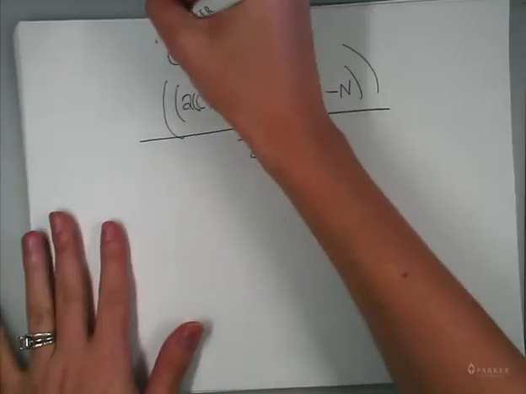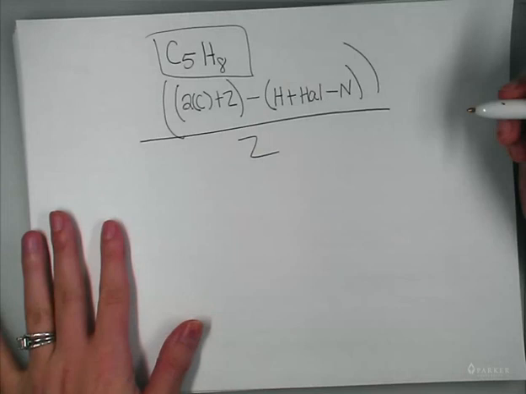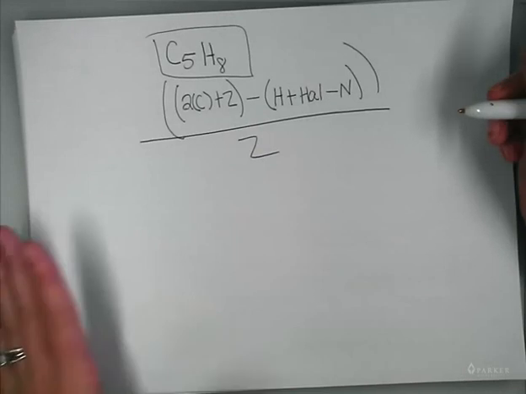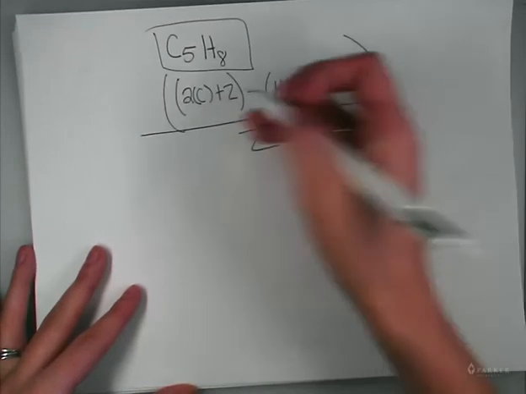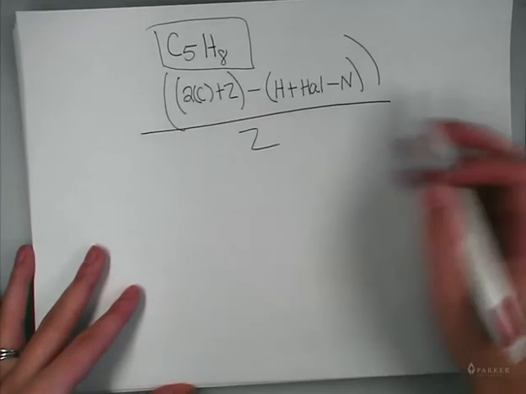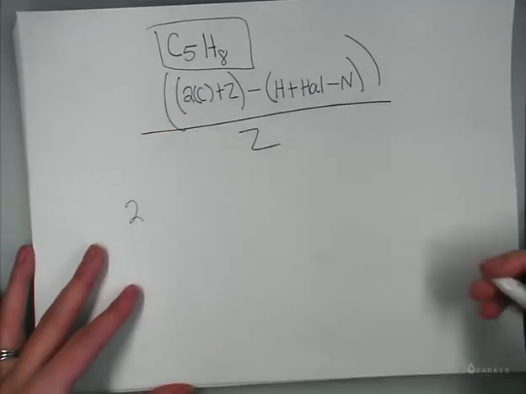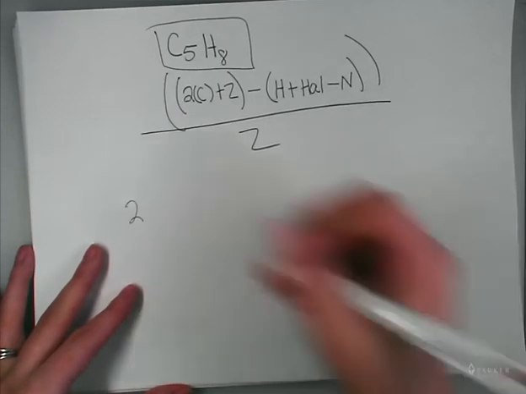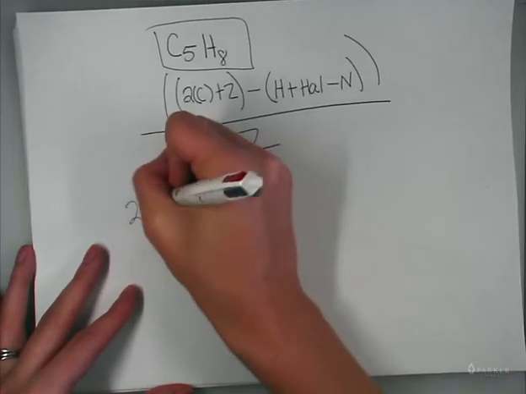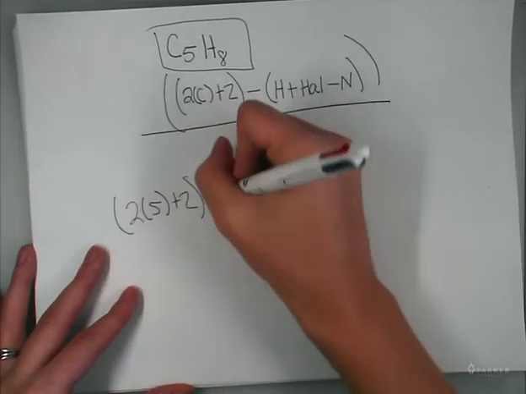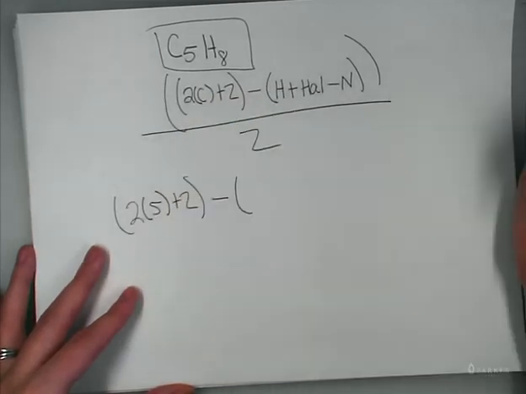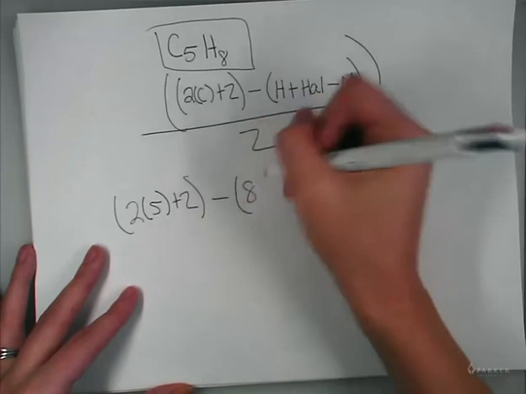So let's look at this. My molecular formula there is C5H8, and I want to know how many degrees of unsaturation I have. Let's plug it into this formula. 2 times how many carbons? 5, plus 2, minus how many hydrogens? 8.